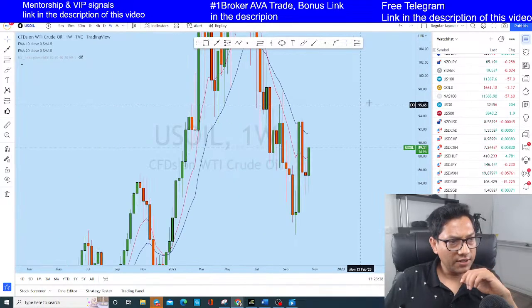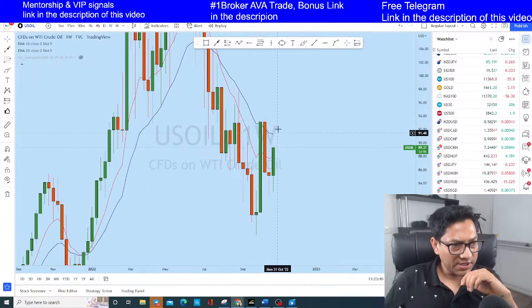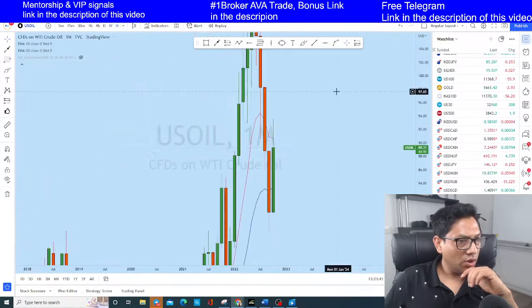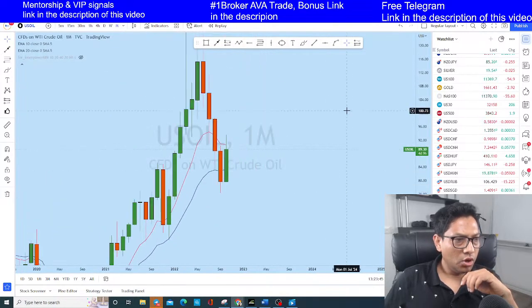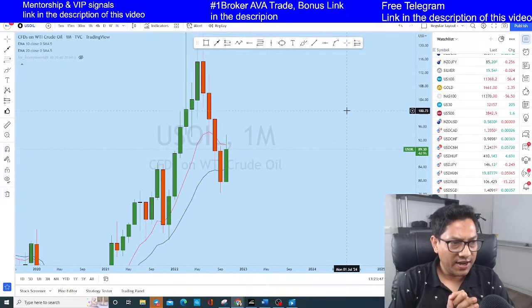Okay, so it looks like we could see some movement to the upside as well on US oil. This is the monthly which is closing. So it looks like US oil is creating some bullish move.